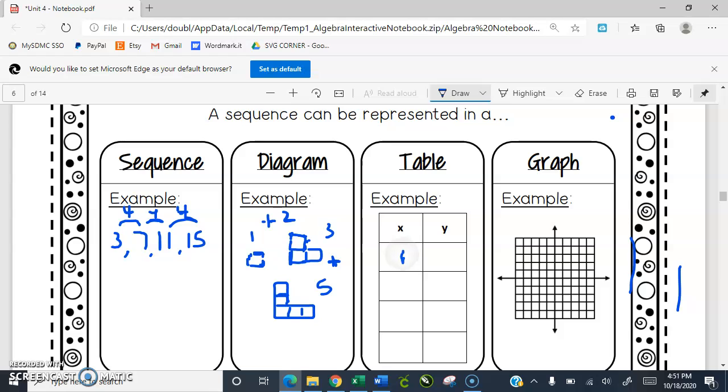Okay, let's go to this one. We have 1, 10, 2, 6, 3, 2, and 4, -2.